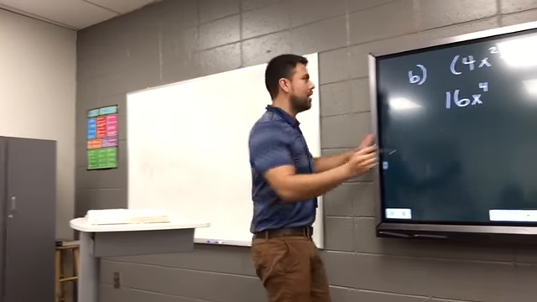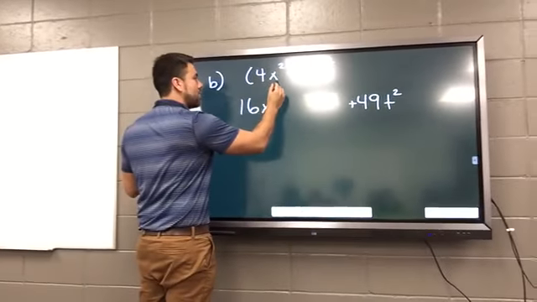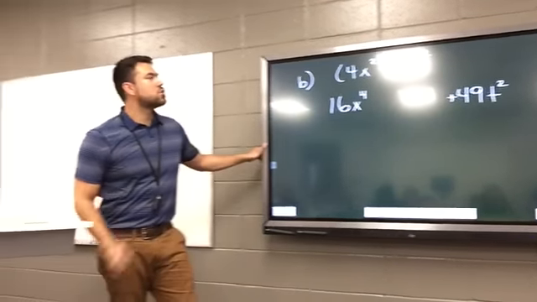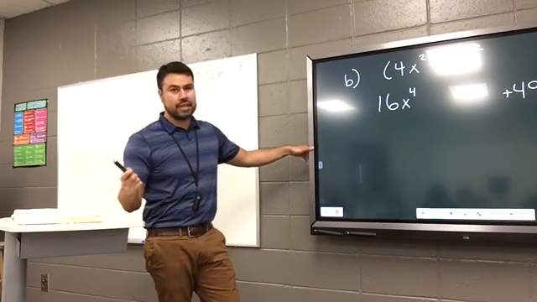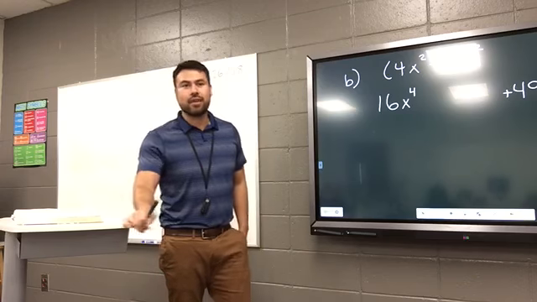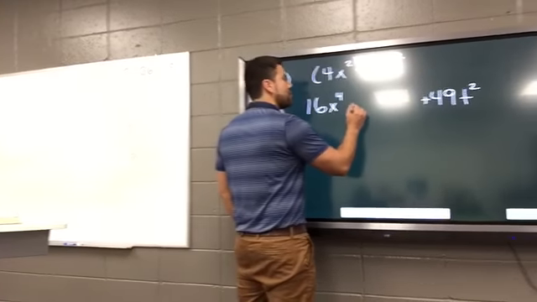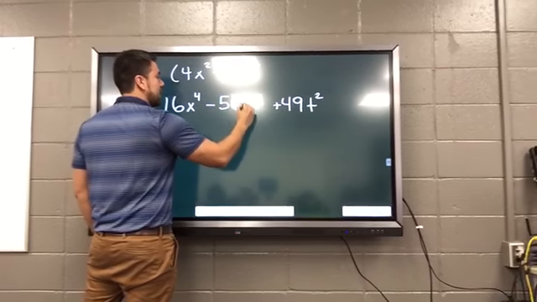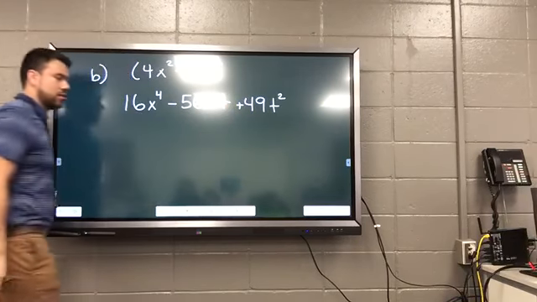Well, think of it. What's 4x squared times 7t? Ignore that negative. 28x squared t. What's double that? So what sign should it have? Negative 56x squared t. That's your answer.